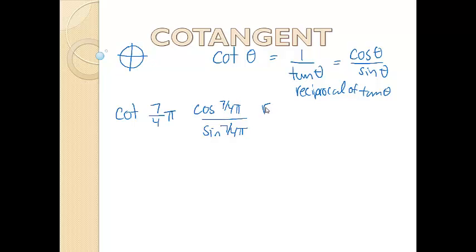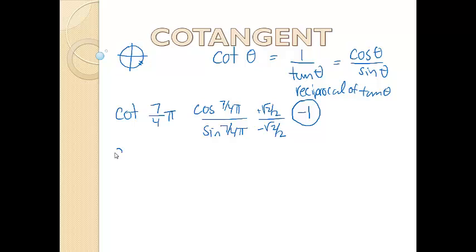Anything with pi over 4 is going to be the square root of 2 over 2 for each of them. 7/4 pi is almost to 8/4 pi, which would be 2, so it's over here somewhere, right in the middle. The cosine is the x value over there, so this will be positive, and the y value over there will be negative. I could multiply by the reciprocal, but I know that the square root of 2 over 2 divided by the square root of 2 over 2 is 1, and then a positive divided by a negative is a negative. So that one will be -1.